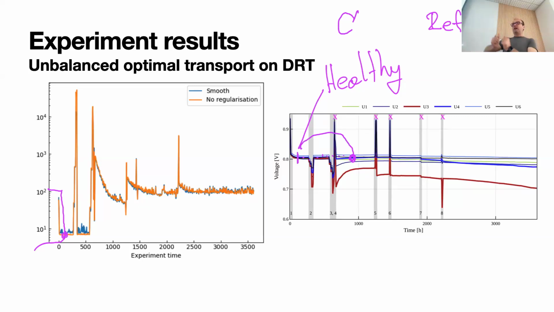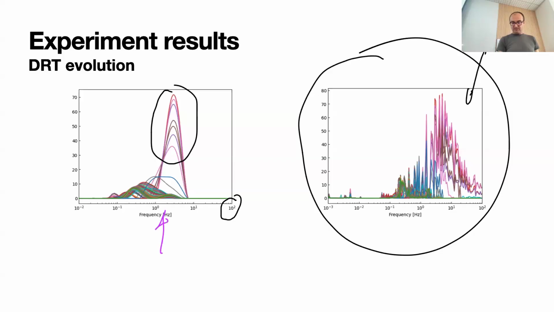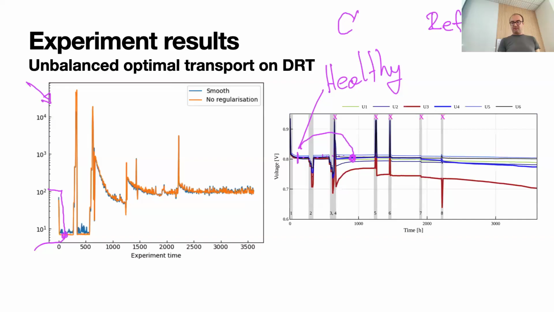What should I do? Should I expand it, press it, whatever, in order to make it look like the healthy one? And each of these operations has some cost. And this cost is plotted here. The plot was done using the smooth DRTs and the fuzzy ones. And the results are visible here.